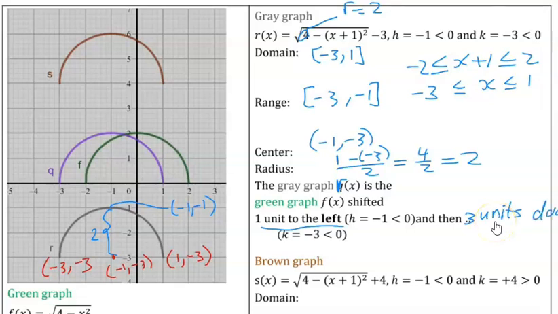And we can use a color pencil here. We can say, okay, if we shift 1 unit to the left and then 1, 2, 3 units down, I will get at the same maximum value. If I take my green graph there, 1 unit to the left and 1, 2, 3 units down, then I also get the same result.